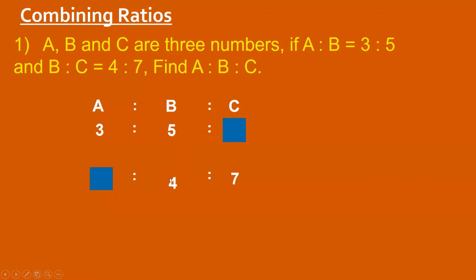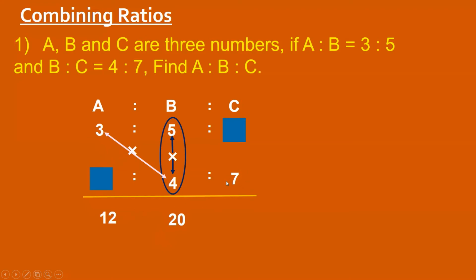So let's multiply these 2 ratios together. 5 multiply 4 equals 20. So now I can get the ratio of B, which is equal 20. Let's find the ratio of A. Now, A, the first ratio, and we don't know the second ratio of A. So multiply the first ratio of A with the second ratio of B. 3 multiply 4 equals 12.